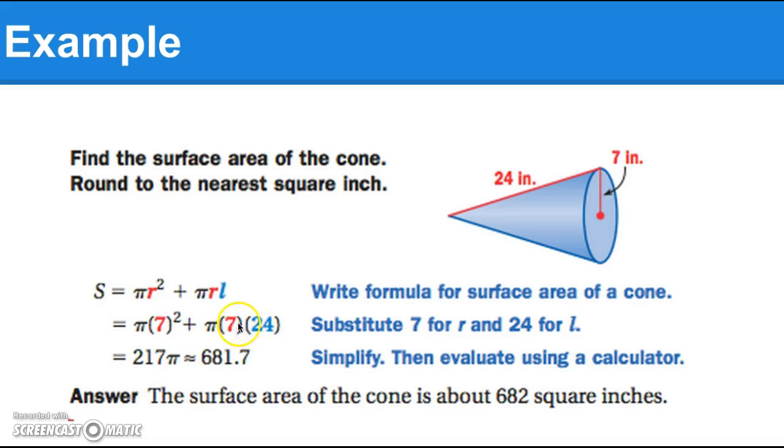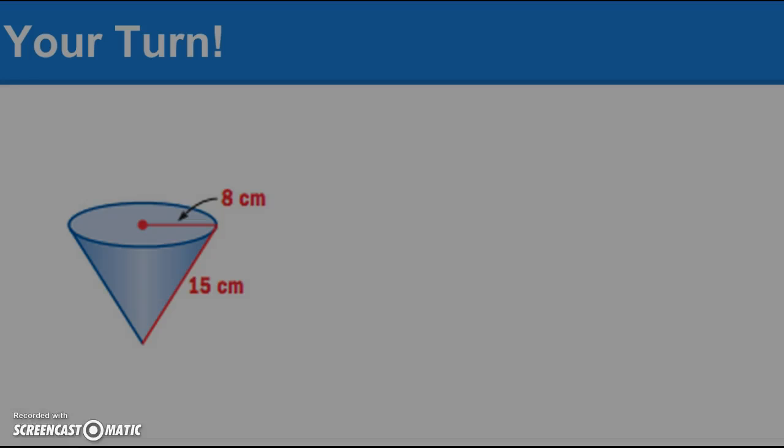So you'll notice that it took 7 times 24 and then 7 squared, and it added all those numbers up, and the solution came to 217 pi, and then you took 217 times 3.14, and you got 681.7. The book says to round to the nearest square inch, so we put 682 square inches. So again, it's pretty straightforward. You just have to look and see what you're supposed to plug in where, and then start your calculations.